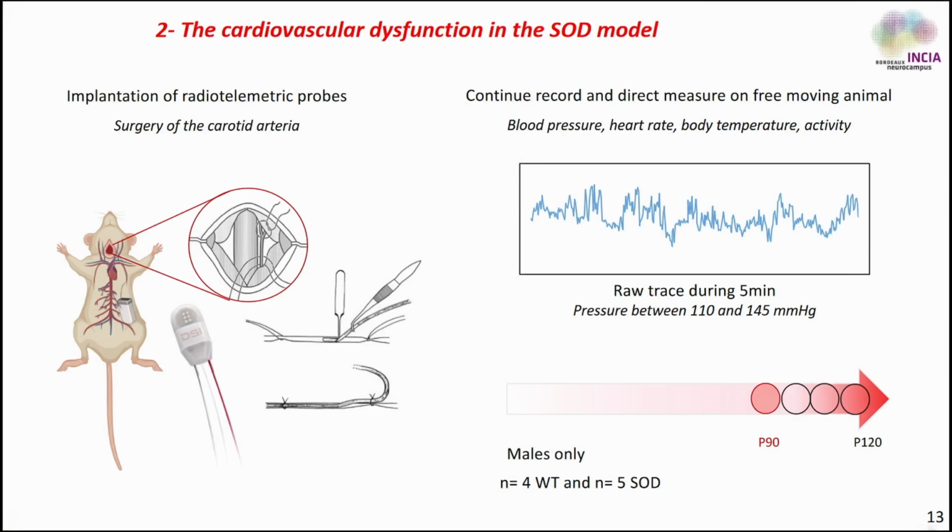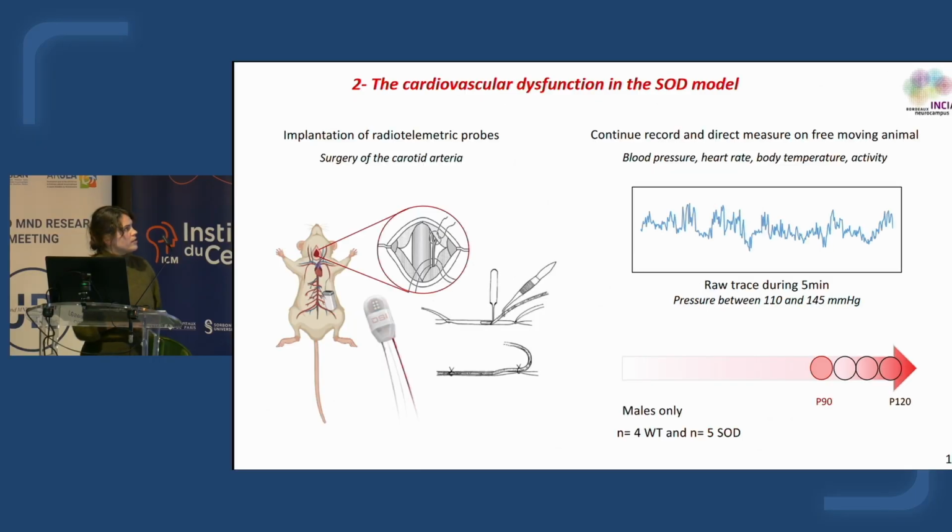And in the second part of my study, I worked on cardiovascular parameters in the mouse model, because we see some modifications in cardiovascular parameters in ALS patients. To do this, we use telemetric approaches. We implanted a probe in the carotid artery.